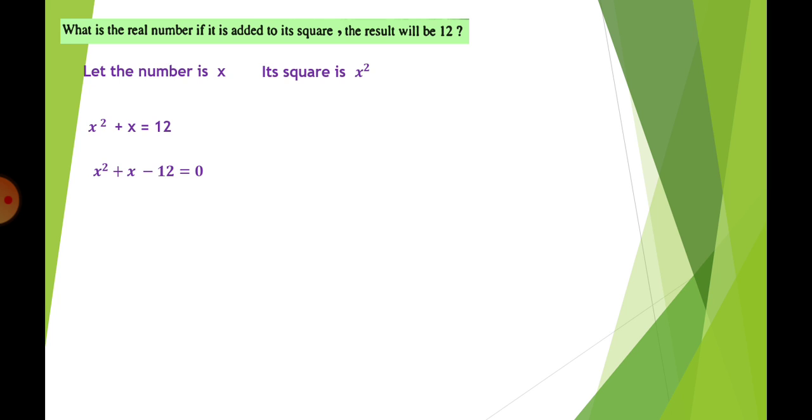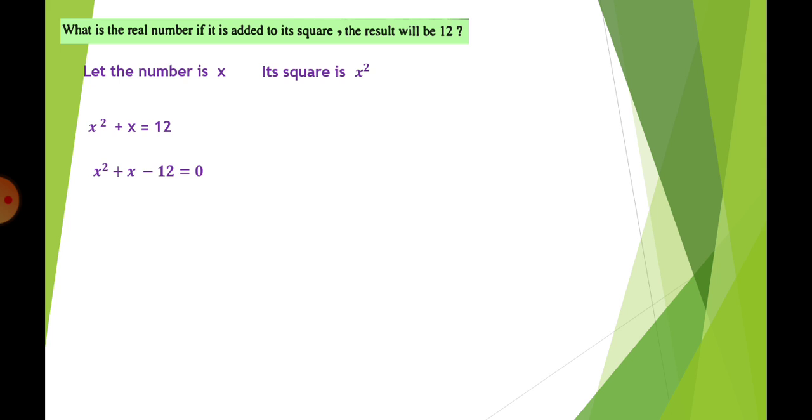Now factorize the expression. We want two numbers whose product equals 12 and the difference between them is 1. 1 times 12, 2 times 6, what else? 3 times 4. 3 times 4 equals 12, and the difference between 3 and 4 is 1.